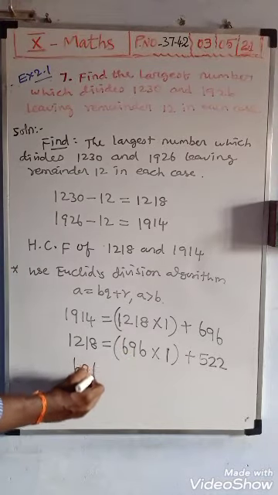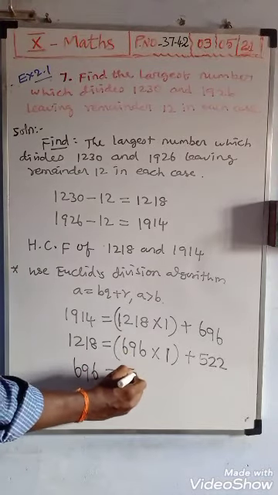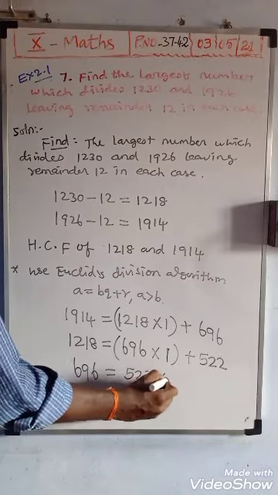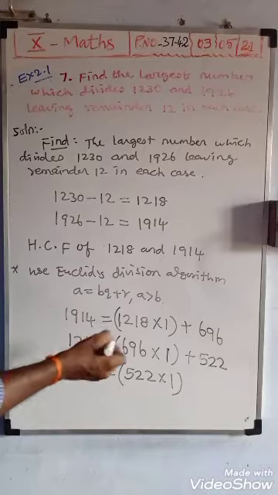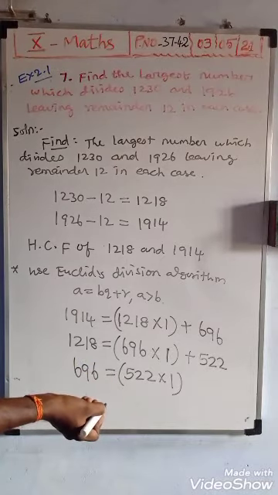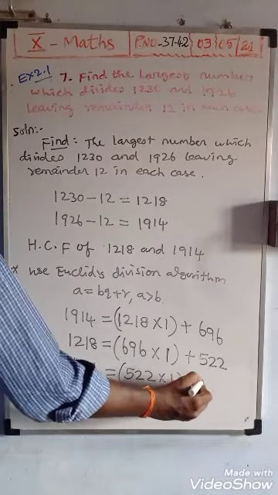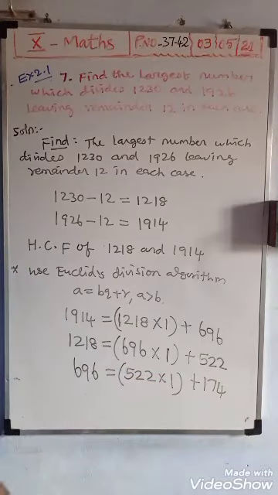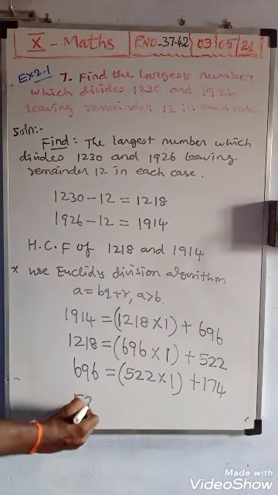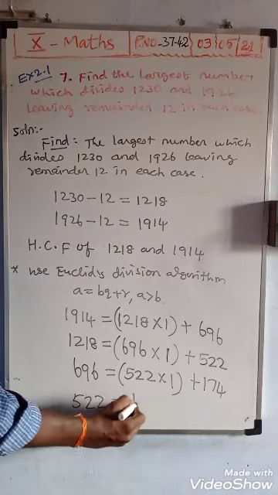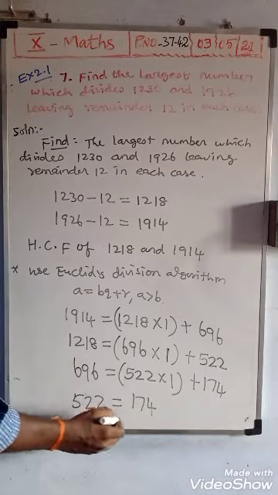Next, divide 696 by 522. Only one time is possible. You divide, then subtract, and the remainder is 174. Again the remainder is not 0, so divide 522 by 174.